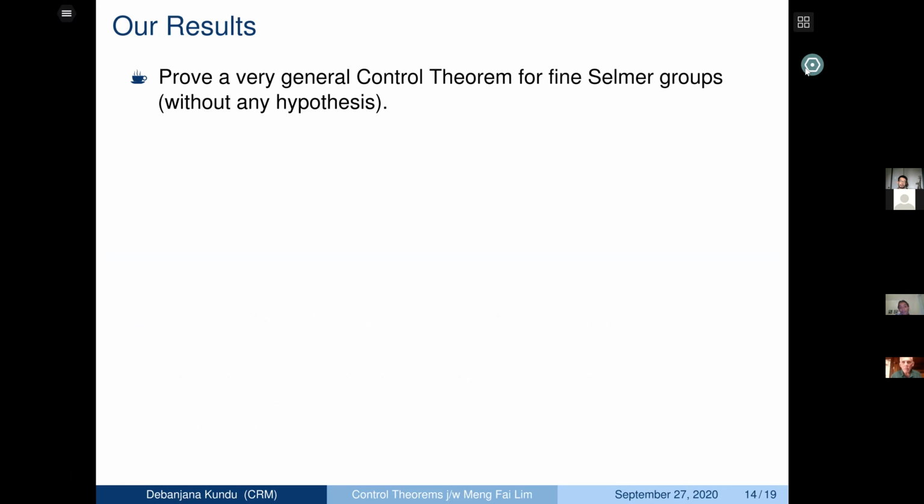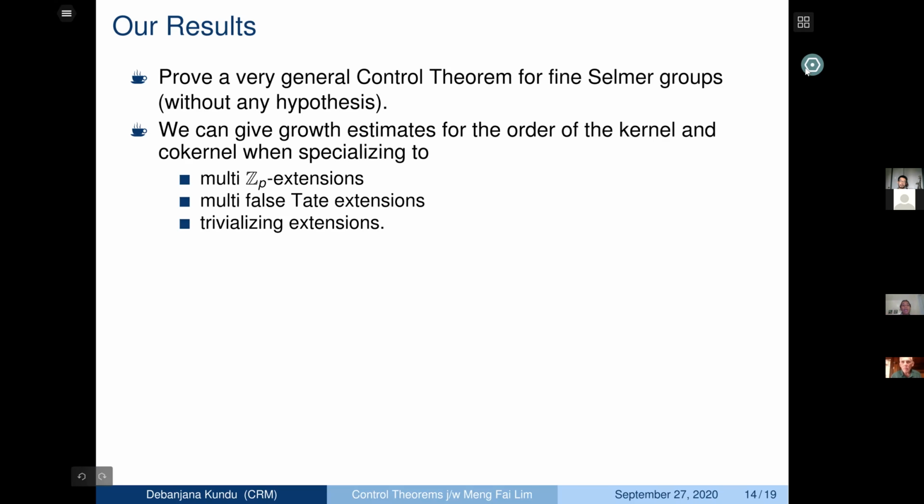But since it's a very, very general result, it's not very strong. And so we very quickly try to understand what's happening in special cases, the cases that are essentially the ones we tend to be more interested in.